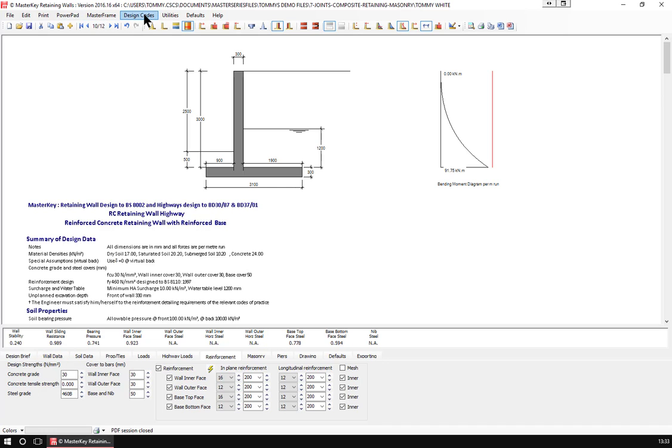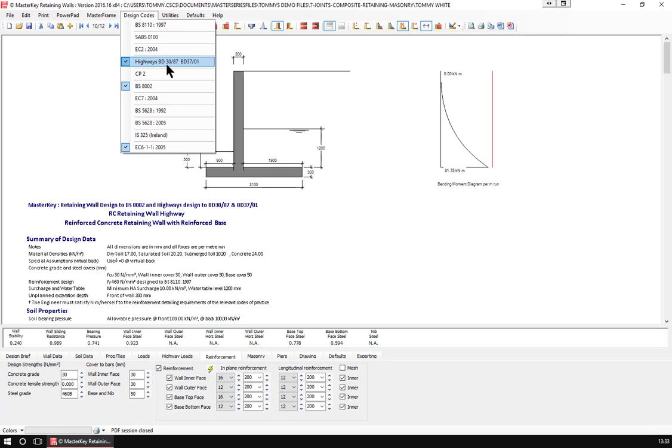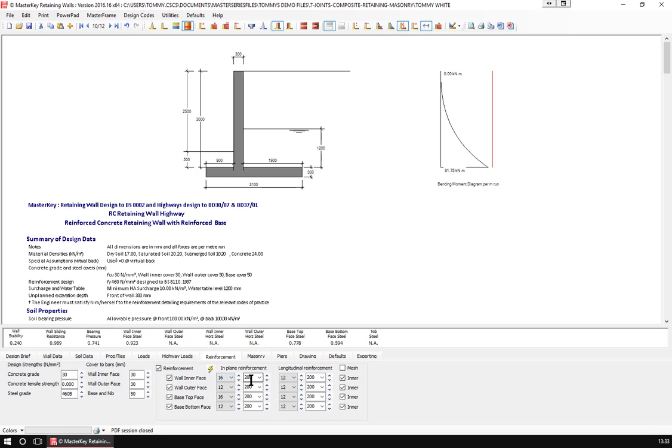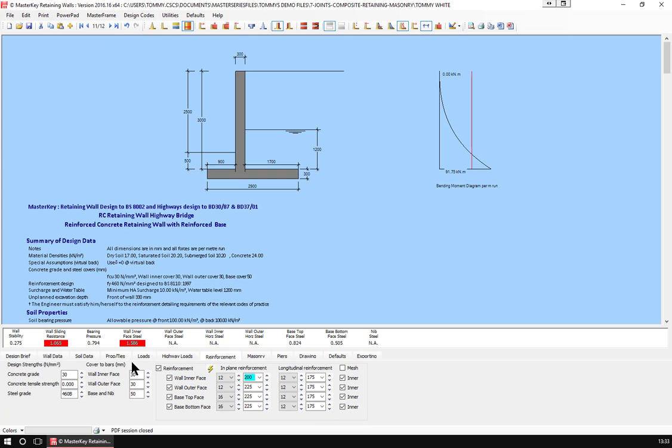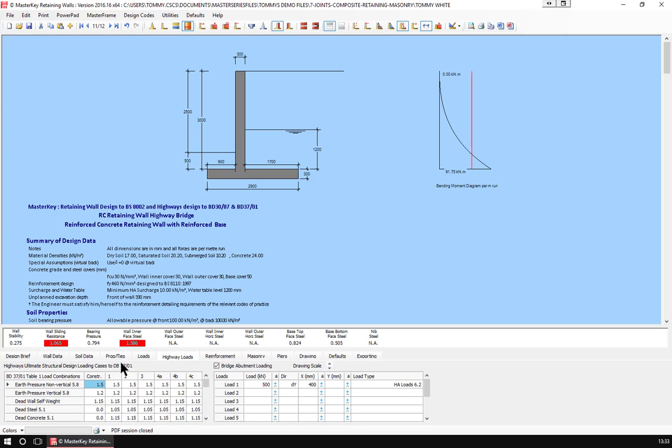All we had to do is ask to do a highway loading to the BD 3087 and 3701 in our design. We also can do the more complex highway loading where we actually ask to do a bridge abutment, and we're able to apply our loading on our bridge abutment and stipulate whether it's an HA or an HB load, whether it's a footway load, an accidental wheel load, a longitudinal, a dead steel, dead concrete.